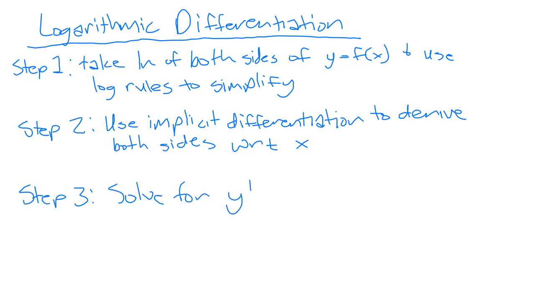So this all seems kind of theoretical. Now let's see what this looks like in practice. So let's say we want to derive the function (3x cubed plus 4) to the 1 over x.